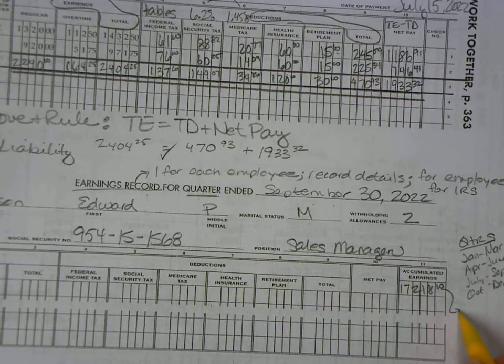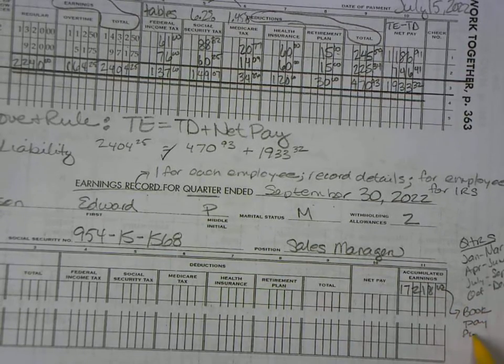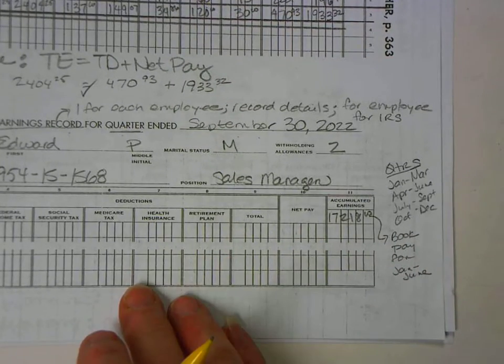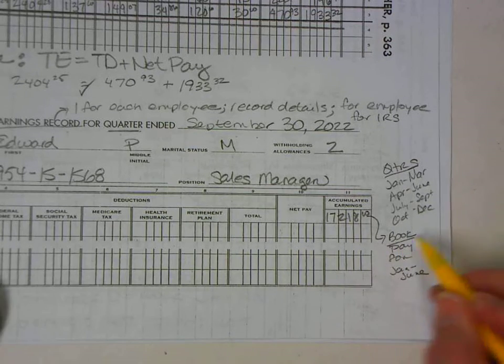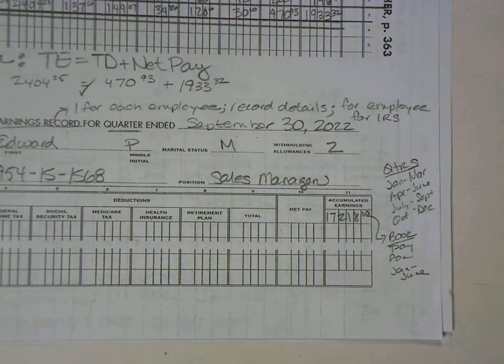This is actually from the book, but it's his pay for January through June, the first 2 quarters.